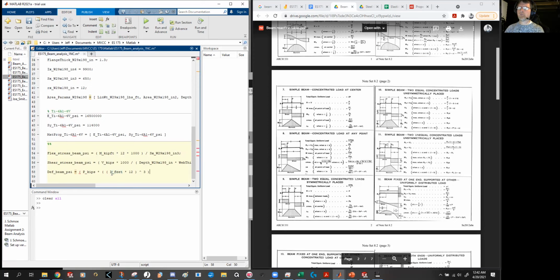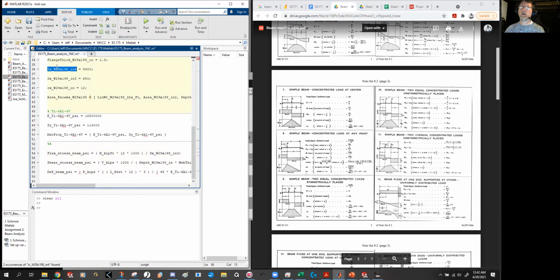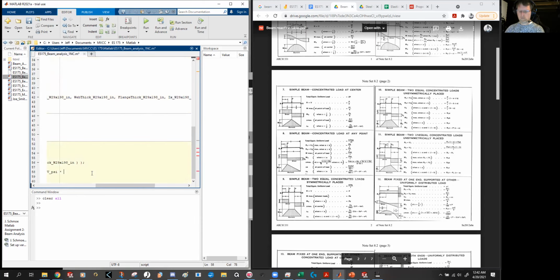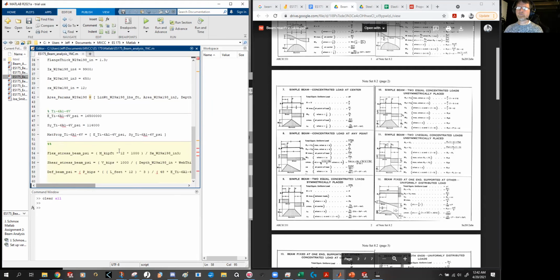Now I've got that PL cubed divided by 48 times E, which is this bad boy here, times I. Where'd I go? I have a thing up here. Aha. All right, so 48 EI. See if I got that right. PL cubed over 48 EI. Okay, that looks good.